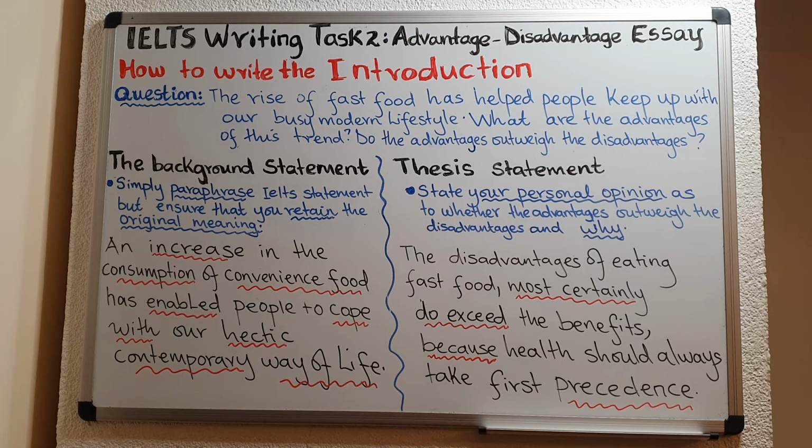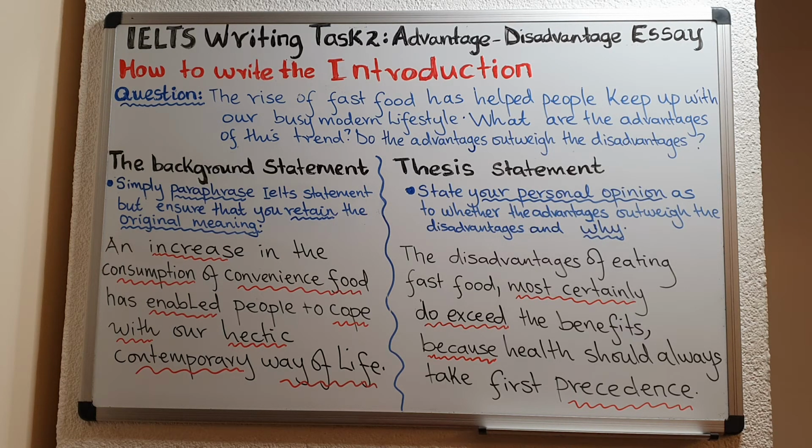Okay? And then people are people. That we do not change. Remember what I said at the beginning. Paraphrase IELTS statement, but some words will remain the same, such as people. Okay? And then enabled is a synonym for helped. And then convenience food is also called fast food.